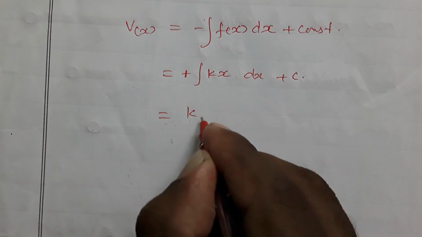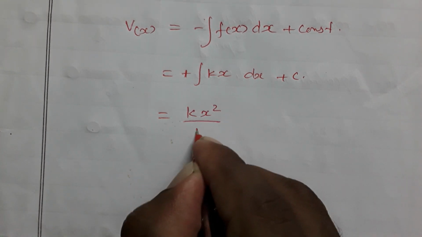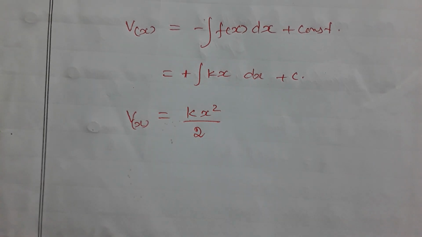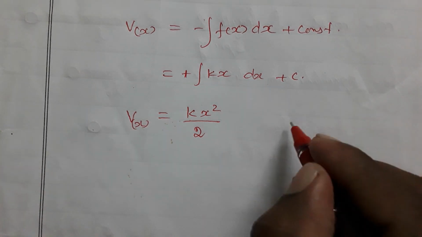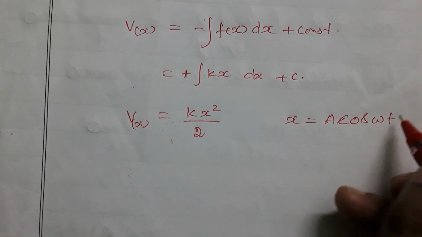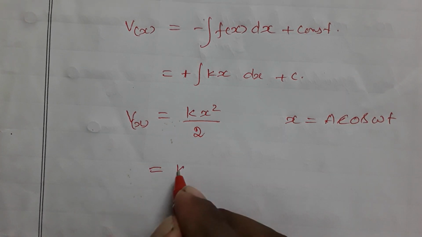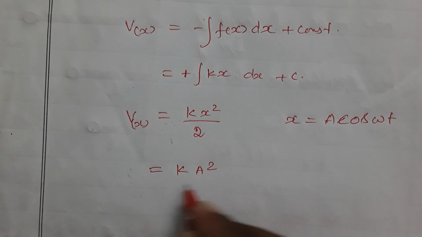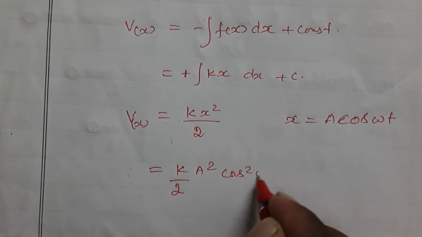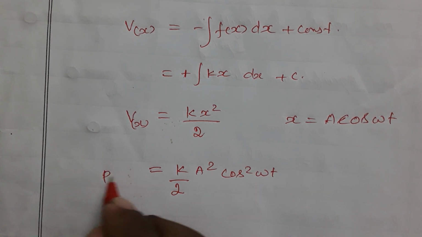Finally we get kx square by 2. So this is the potential energy of the simple harmonic oscillator. We know that x is equal to a cos omega t. Substituting here, we get k a square cos square omega t by 2. So this is the potential energy.